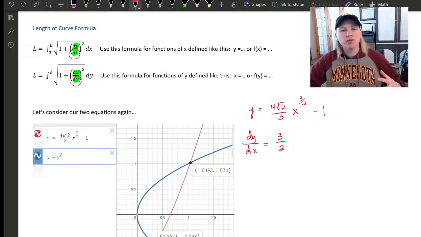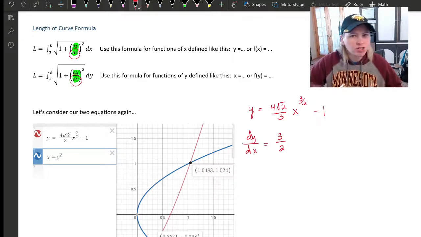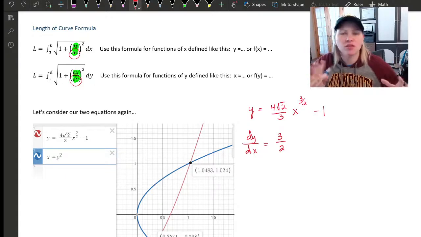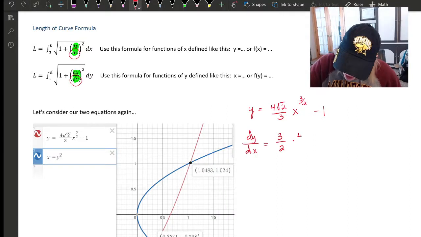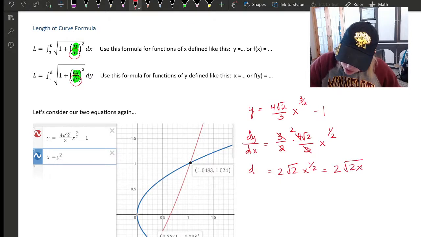I know in this chapter, when we start learning about length of curve, we've got integration and differentiation, so we really have to decide what we're doing with our exponents. Don't get confused between the two. That's a really common mistake for calculus students. So 4 square root of 2 over 3 x to the 1 half. Things are going to kind of cancel away. My 3's will reduce, and this will reduce to 2. So I end up getting 2 square root of 2 x to the 1 half, which is basically 2 square root of 2x. Well, that's nice.